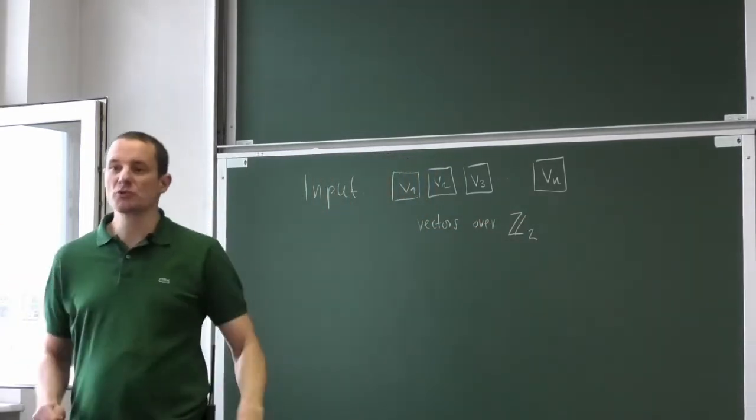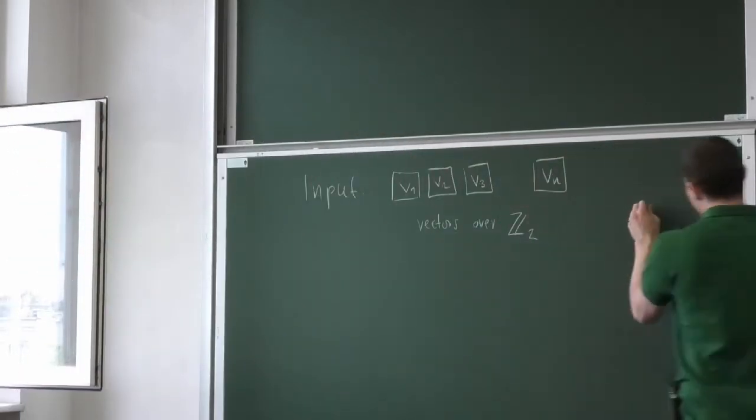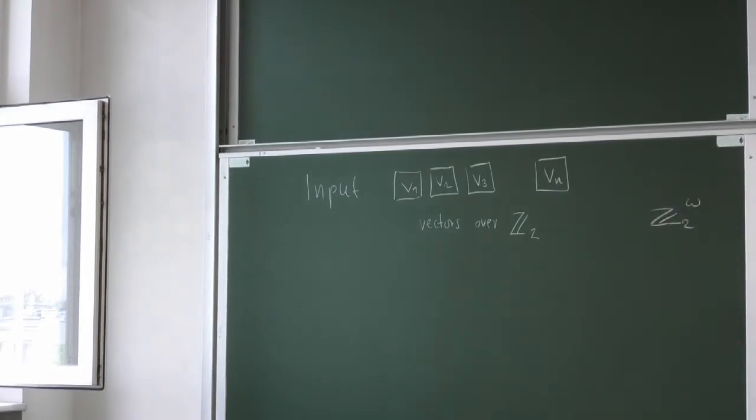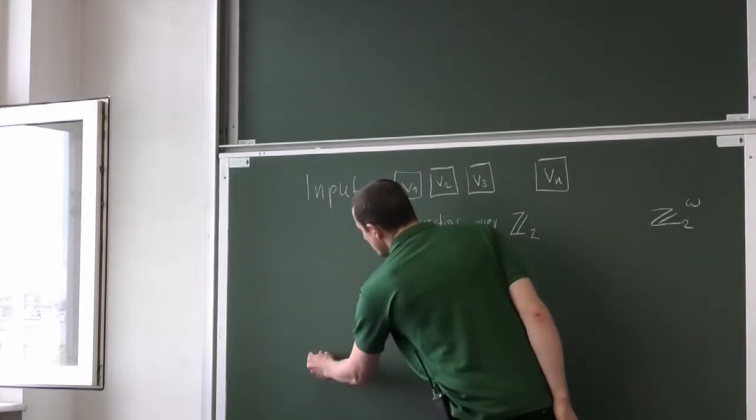You say to choose some infinite dimensional space. This is too much, but you have a suitably high dimensional vector space over the two-element field. So we're given several vectors, and we want to know if they're linearly independent.